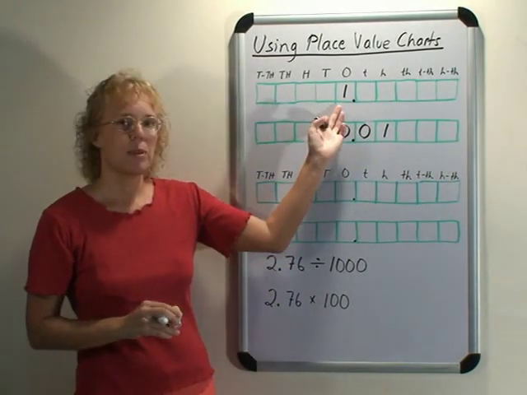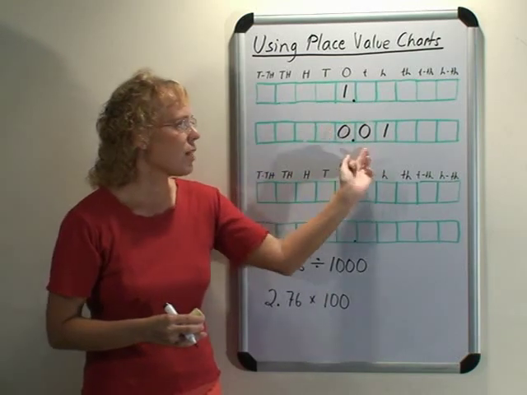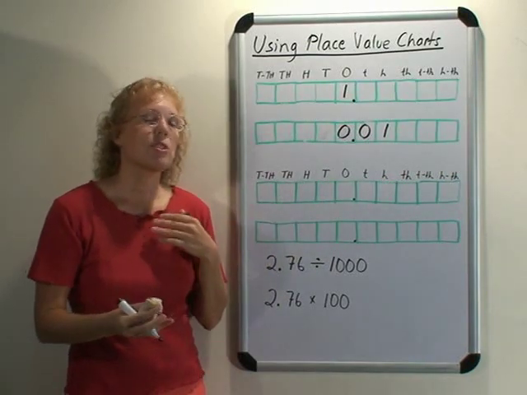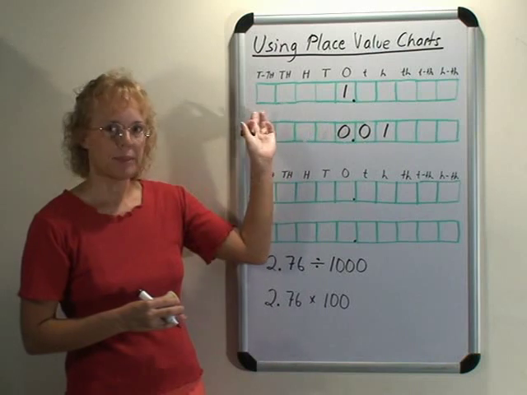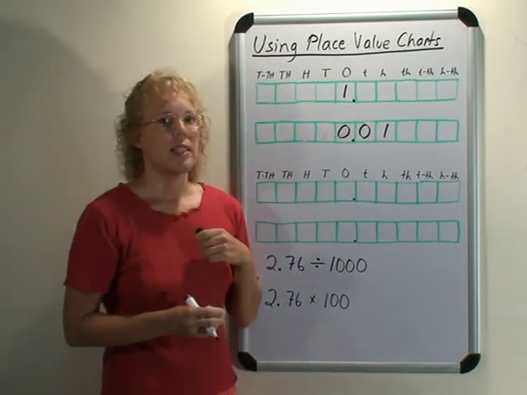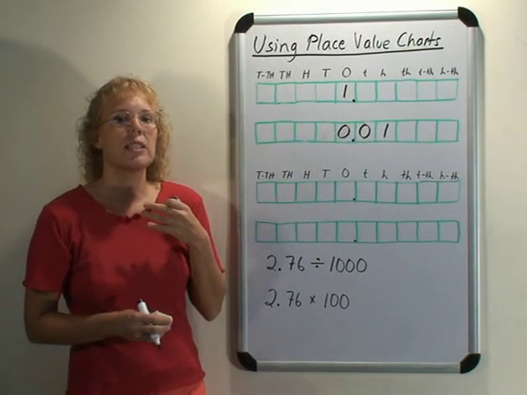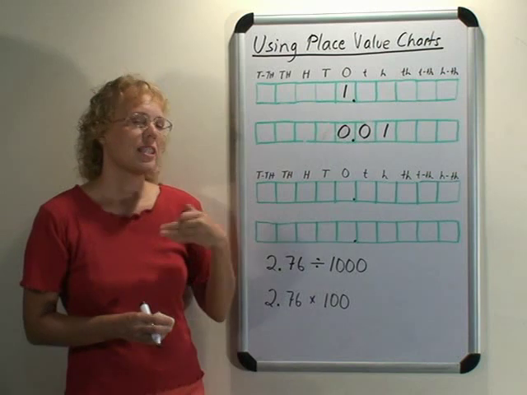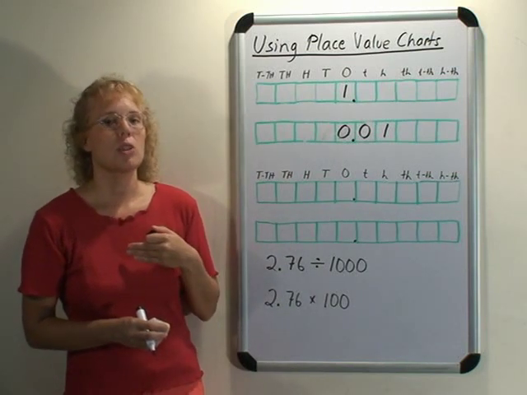If 1 is divided by 10 or 100 or 1000 or something, then it is like this digit 1 moves here in the place value chart as many steps as you had zeros in your divisor. Or if you multiply it, then it moves this way. And that is the very basis of our place value system, and that is the very basis for understanding why we move the decimal point when we're dividing or multiplying decimals by 10 or 100 or 1000 or so on.